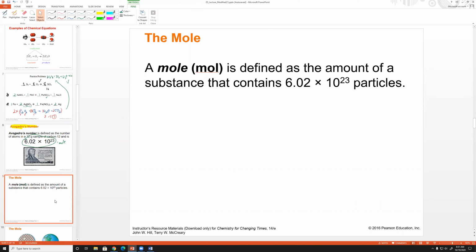A dozen students means 12 students. The meaning is the same. So a mole of anything is an Avogadro's number of that thing. But once we go over the comparison of how big this number actually is, you'll see that the only logical thing to count in moles is atoms and molecules, because you'll understand why in a second.